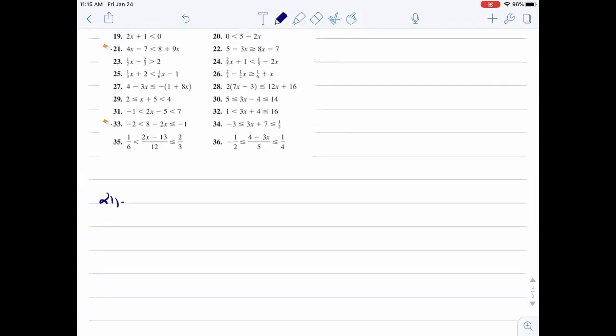We'll start with 21. So if we have something like 4x minus 7 is less than 8 plus 9x, we're solving this inequality, right? We want to solve for x. We want to get x on one side and all the numbers on the other side. Treating the less than sign as an equal sign, keeping in mind, if you end up multiplying or dividing by a negative, you have to switch the sign.